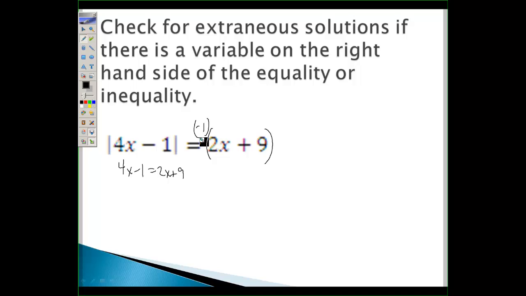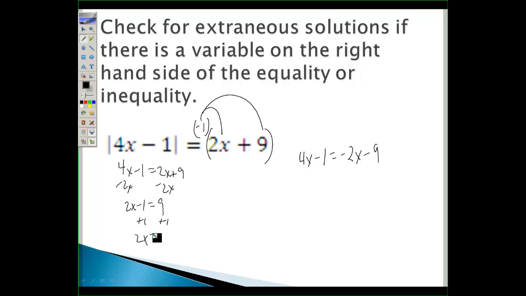So what we have for our second equation would be 4x minus 1 equals -2x minus 9. We'll solve our left equation first. Let's go ahead and get our x's together. X equals 5. There's one solution.